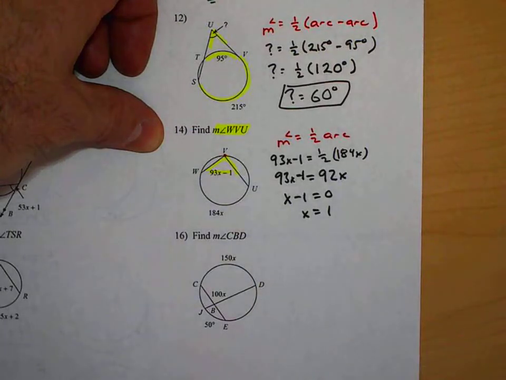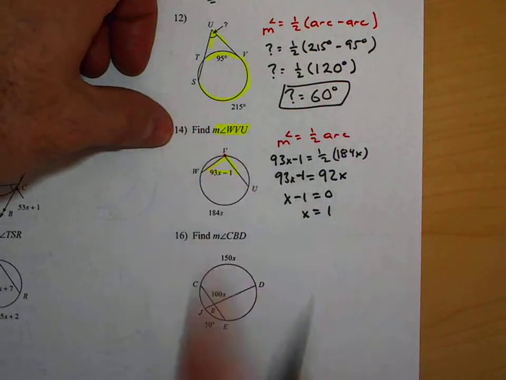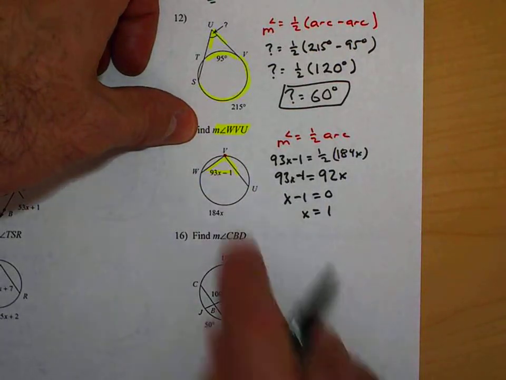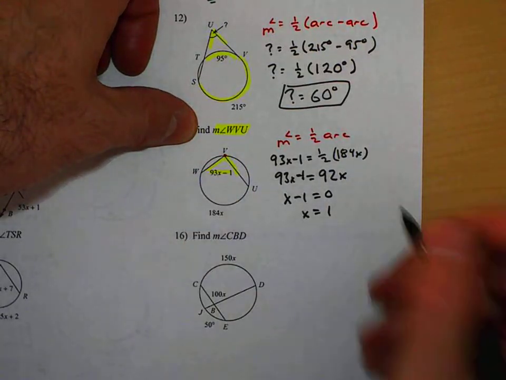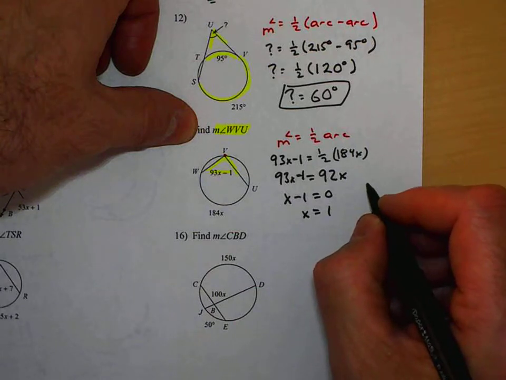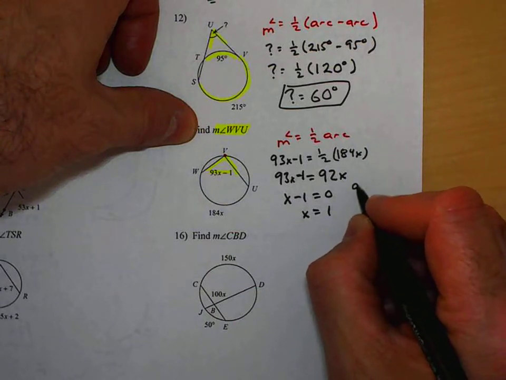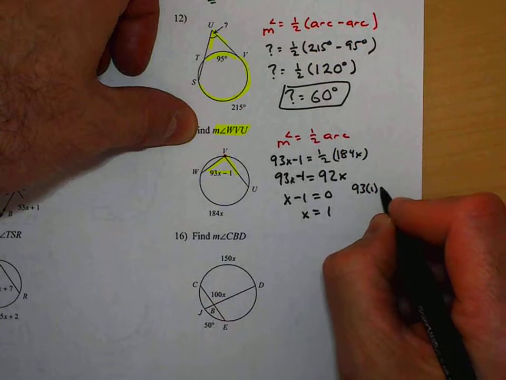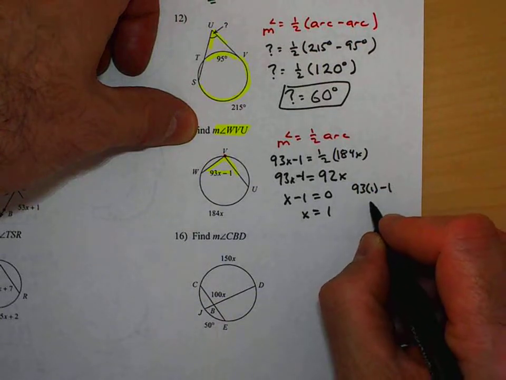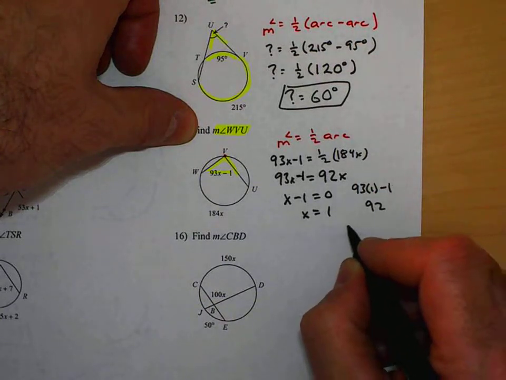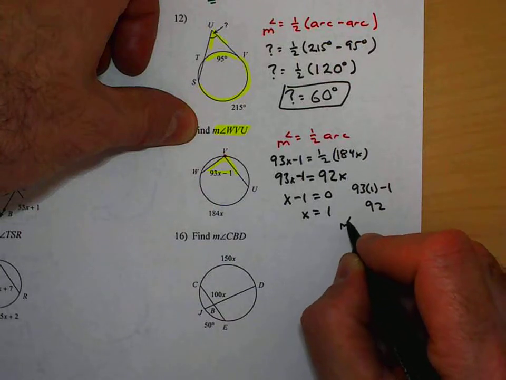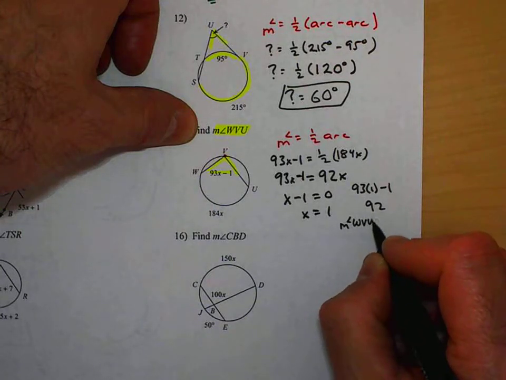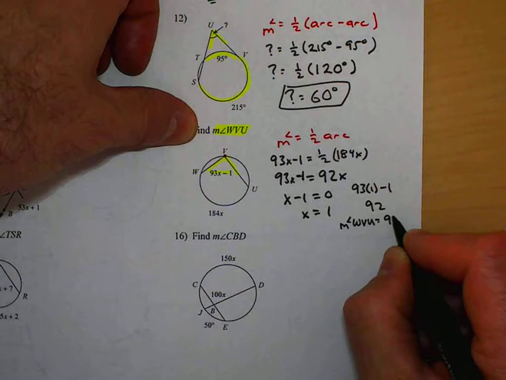Now remember, I'm looking for the measure of angle WVU, and I said that was 93x minus 1. So I have 93 times 1 minus 1. 93 minus 1 is 92. So the measure of the angle WVU would be 92 degrees.